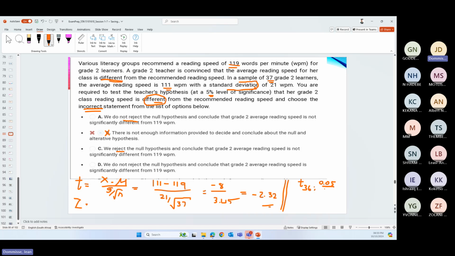So this is probably, out of your hypothesis testing, the most difficult question that you will get, because you needed to see that we're working with a T. Nowhere in here do they mention a T test.